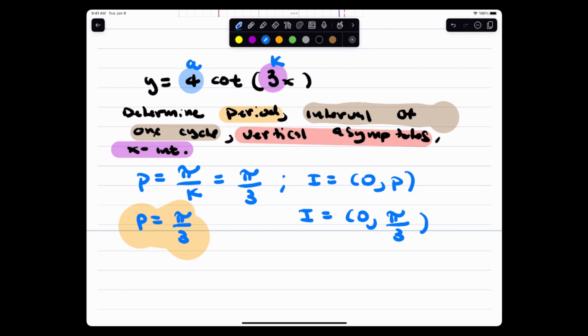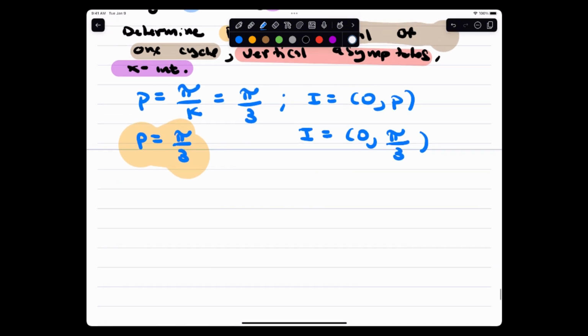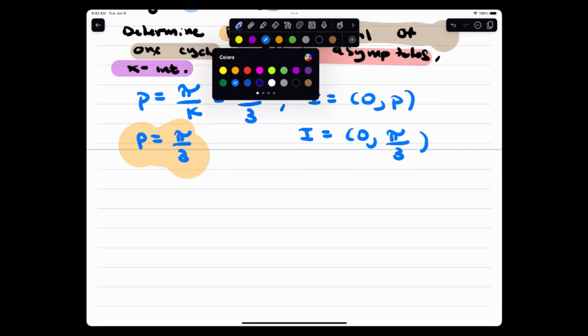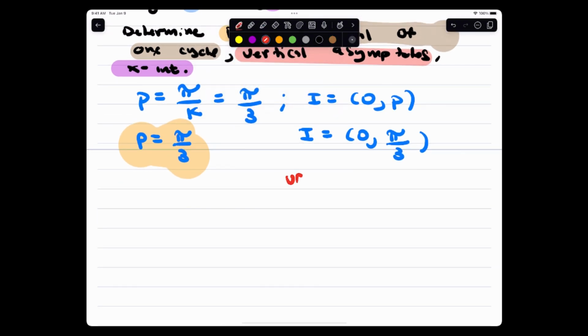Start at 0, end at pi over 3. Okay, good. Once you get this, what could you guys say? Vertical asymptotes. X is 0. X is pi over 3.